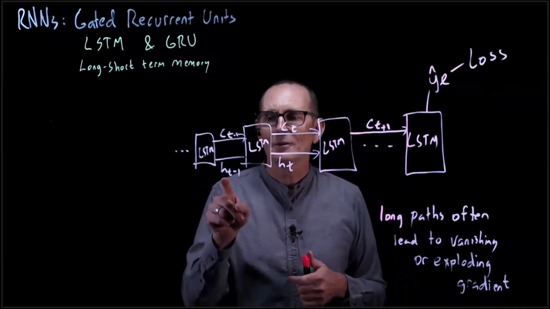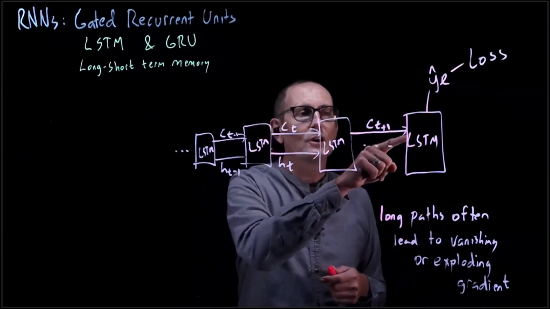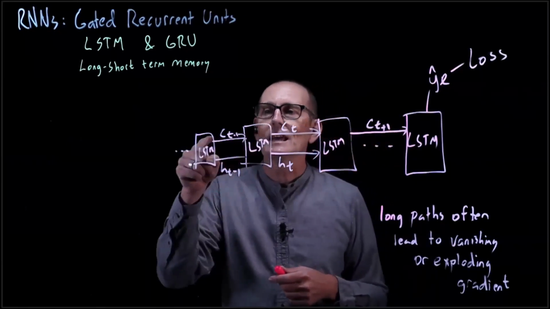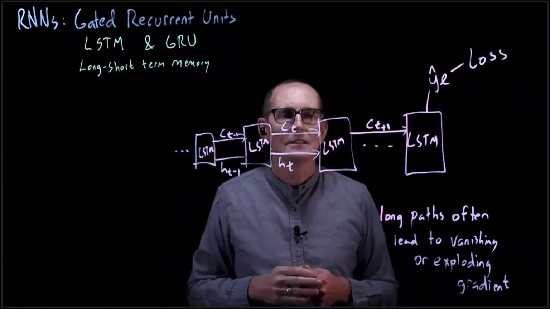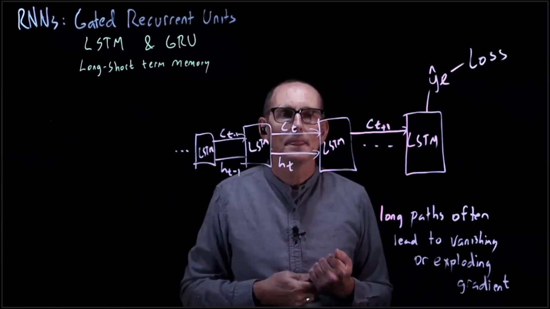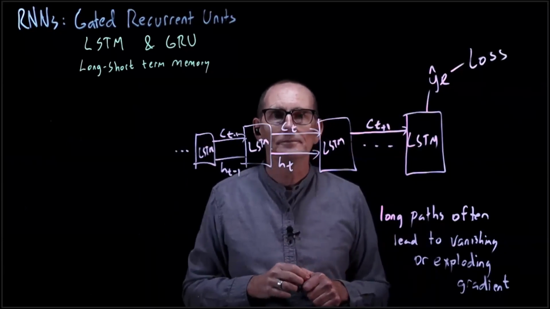But that's okay, because this is short-term memory. And we're going to fix this by having a path that gets us through the C's, through the long-term memory, with a derivative of 1.